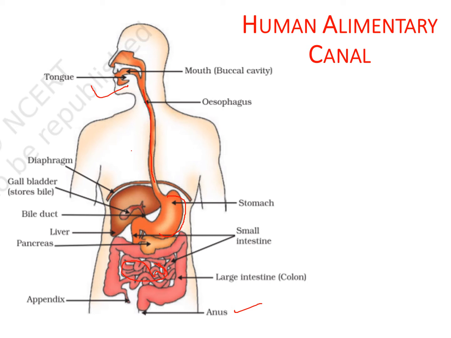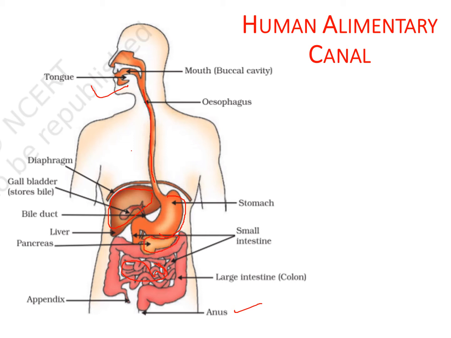Before the stomach becomes the small intestine, you can see one more organ, which is called the liver. The liver has a small structure called the bile duct. Also, there is another structure over here which is called the pancreas.